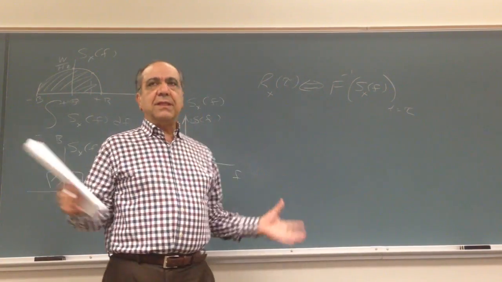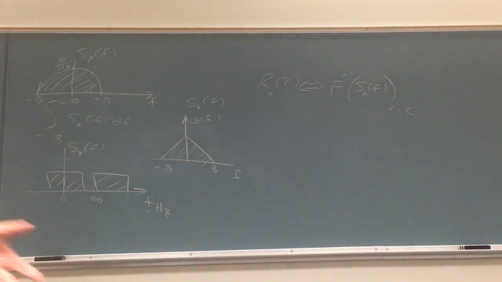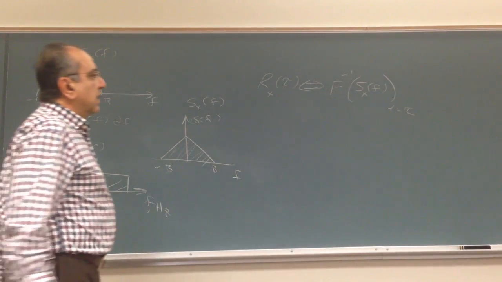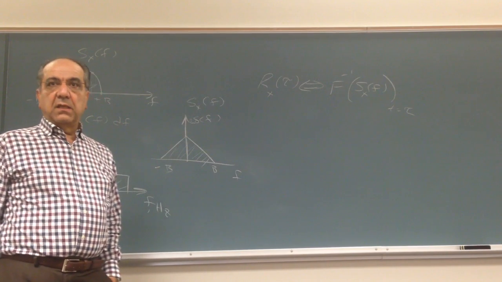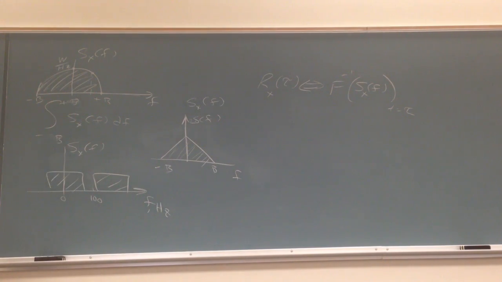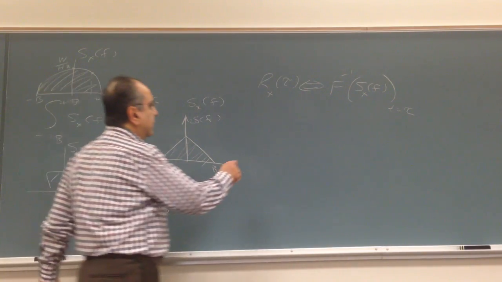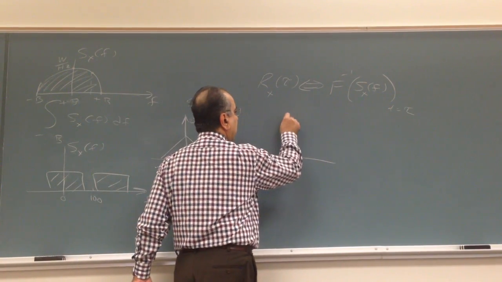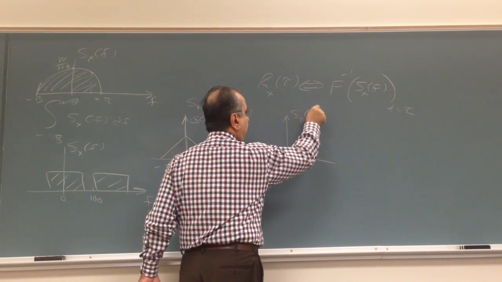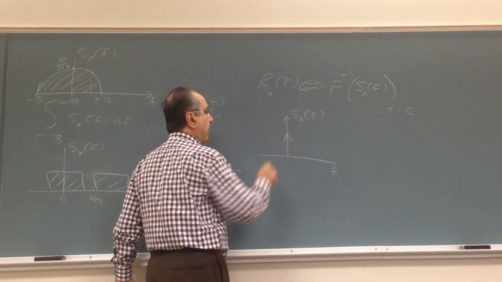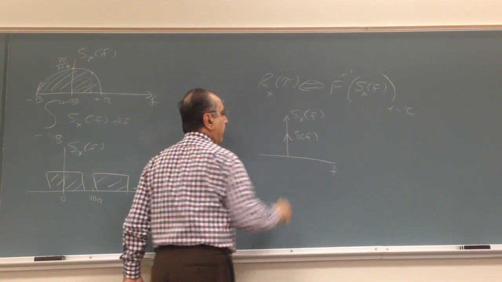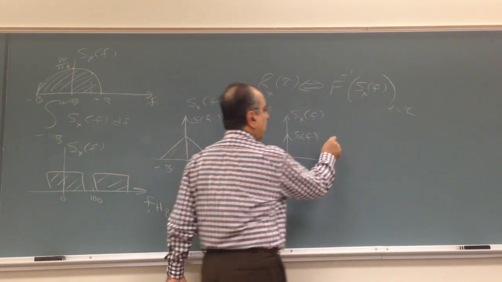It means you can use the table in your book or whatever you have, except when you get the inverse Fourier transform, you use tau instead of t. So if a signal has this power spectral density, what is the autocorrelation?